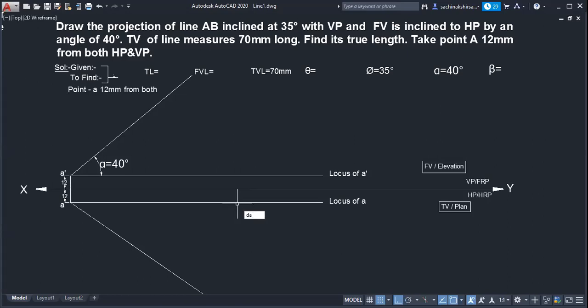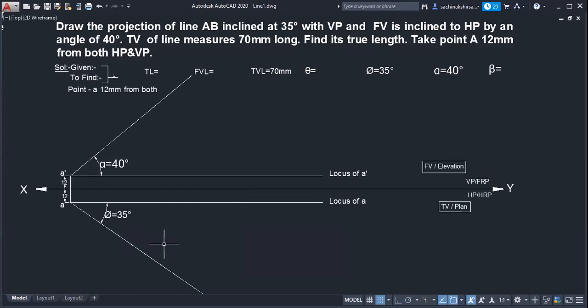So this angle I have drawn. Just see, this is 35. So here I will immediately give the name phi 35.